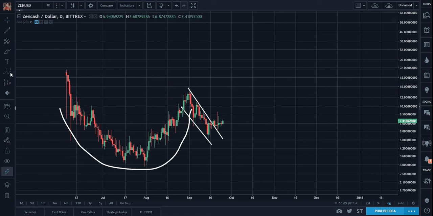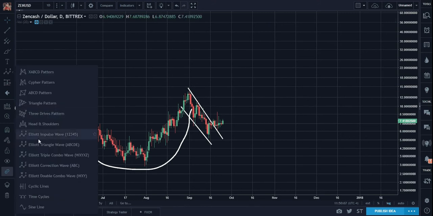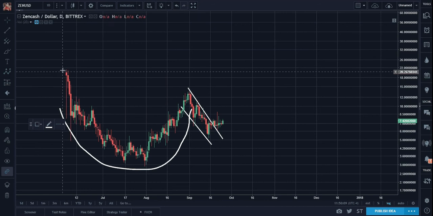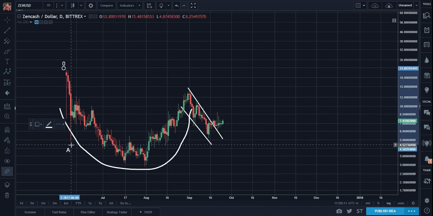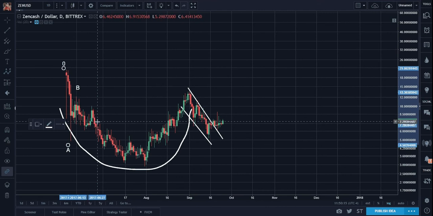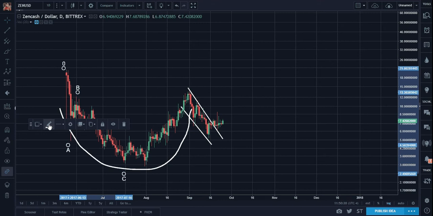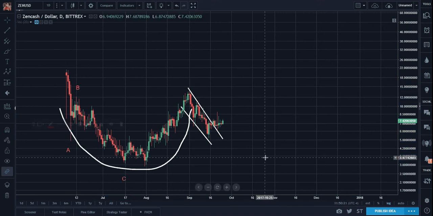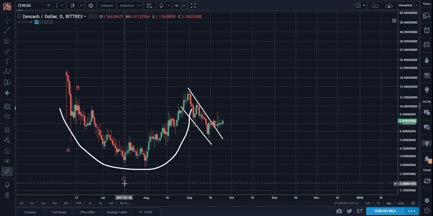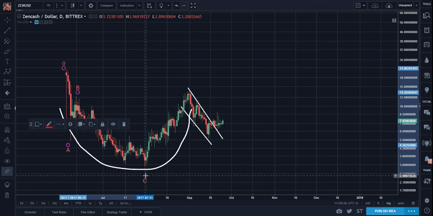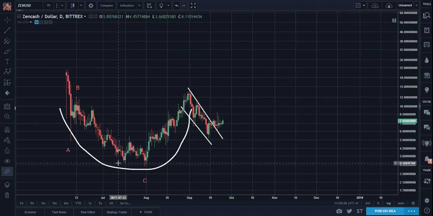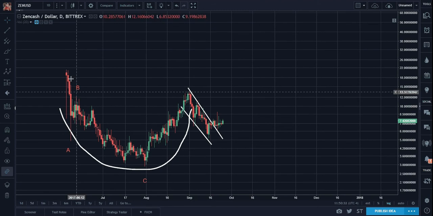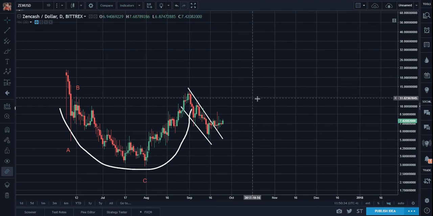Let's label the correction first: A, B, 1, 2, 3, 4, 5, C. So after an ABC, C, lower low, what happens? There's a reversal in trend.